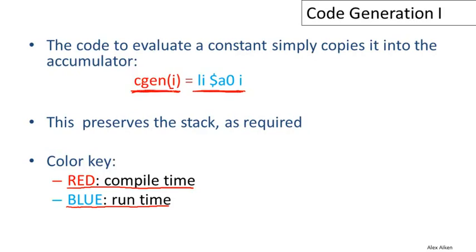So cgen of I is something we execute at compile time, and it produces a program that will be executed at runtime. This is to help you develop a very firm grip on the idea that we have a real division of time in these programs. There's stuff that happens inside the compiler, and then there's computation that's deferred until the program that we're producing actually executes.